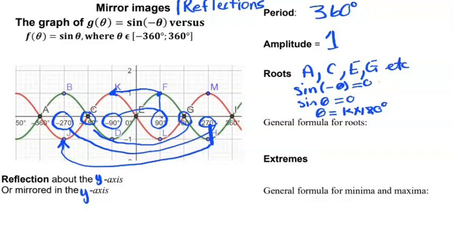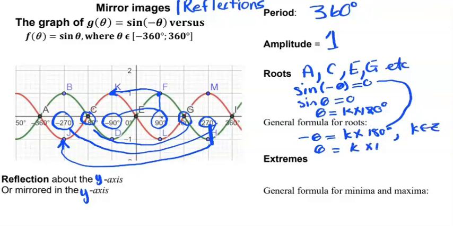But if I now solve that, I get minus theta equal to k times 180 degrees, k element of Z, which is just the same as theta equal to k times 180 degrees, k element of Z, where this k is just now the negative of that k, but we will still get exactly the same values for all the points.